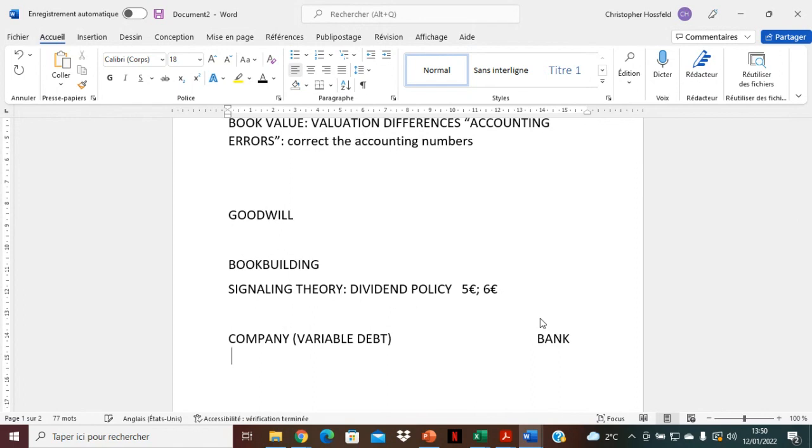And what we do is we will exchange payments. Company pays interest to the bank, and the bank pays variable interest to the company.